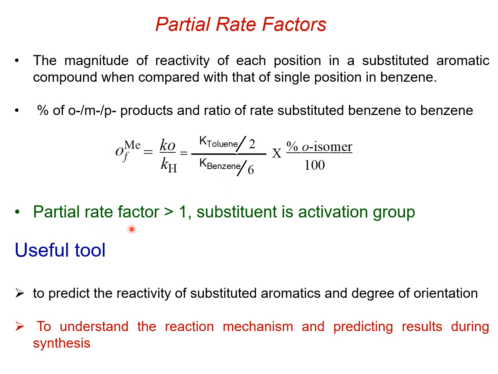Please remember, whenever the partial rate factor is greater than 1, the substituent is an activating group, it donates electron density in aromatic ring. When you find it is less than 1, the substituent is electron withdrawing and it will deactivate the ring.